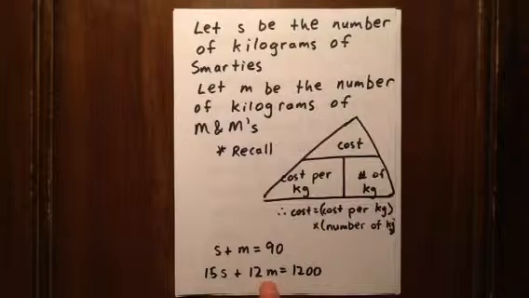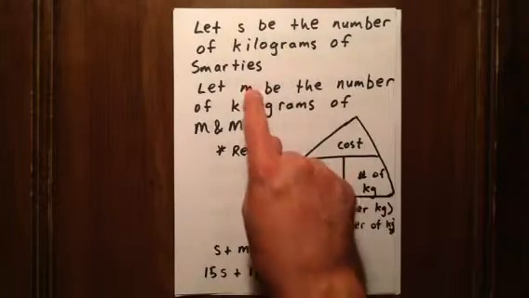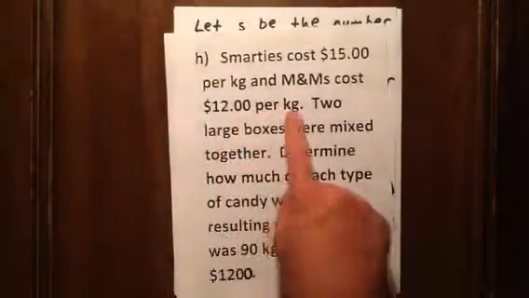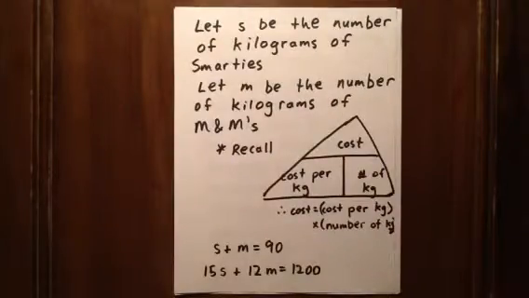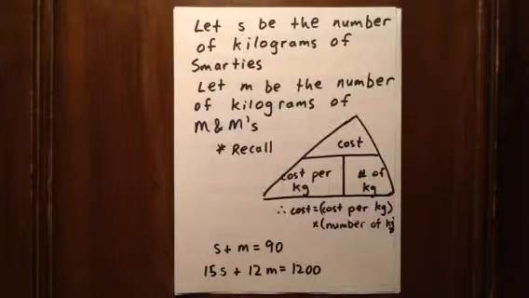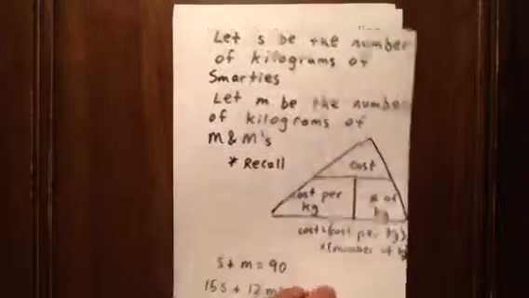And 12M is the total cost of the M&Ms because M is the number of kilograms of M&Ms. $12 per kilogram is the price per kilogram of the M&Ms, and the cost in total is the cost per kilogram times the number of kilograms. So we have two different equations, two unknowns. We have a system of equations.